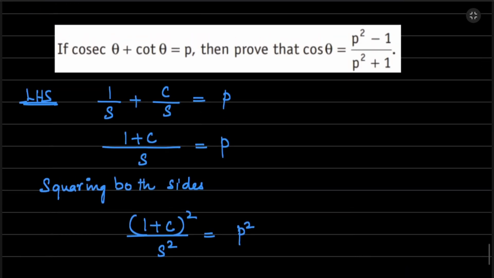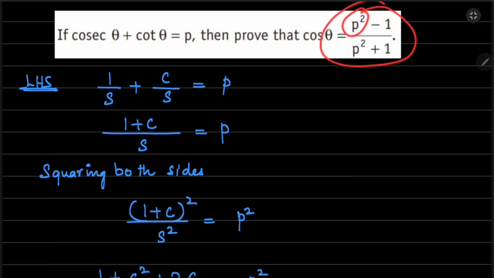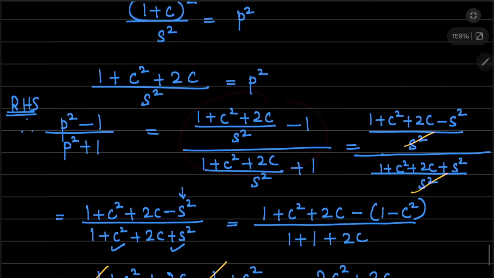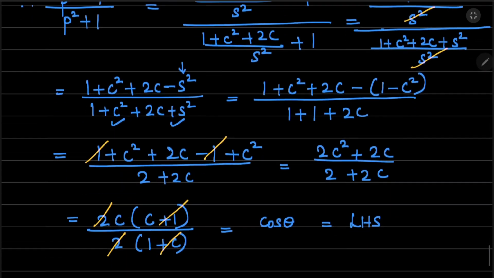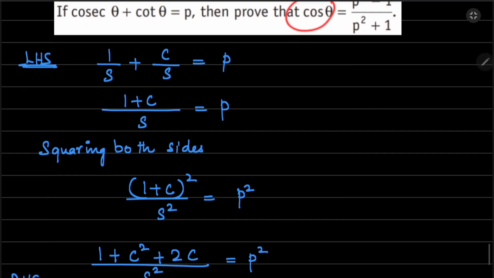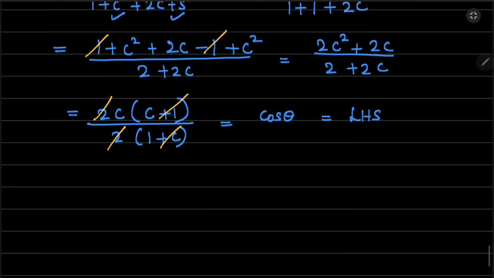We initially use what is given as p, converting cosecant and cot into sine and cos, calculating what p square is, taking our RHS expression, substituting the term that we have got for p square, just simplifying it, and finally we get cos theta, which is our LHS. So you can write, therefore, LHS equal to RHS, hence proved.